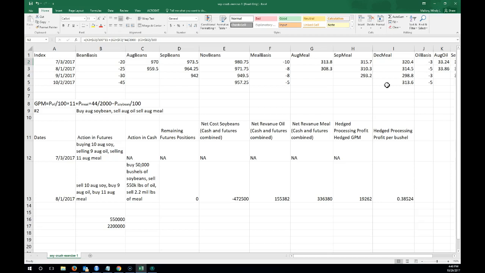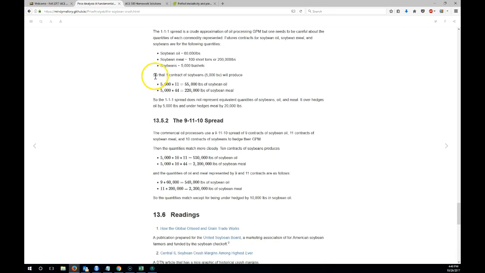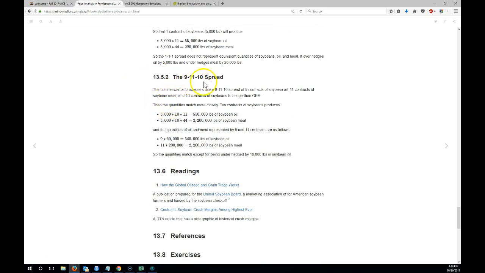Is there any other thing that could cause imperfectness or uncertainty in our hedge? Well, yeah, there is that one other thing, and that comes from the fact that in our 9-11-10 spread, we don't get a perfect hedge in the soybean oil market. We get a perfect hedge for soybeans, and we get a perfect hedge for soybean meal. These two numbers match.